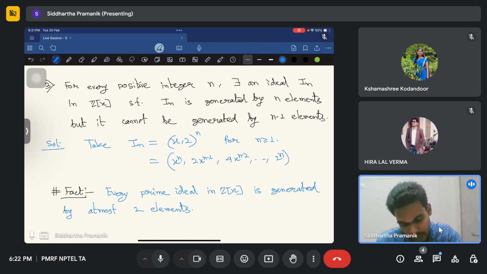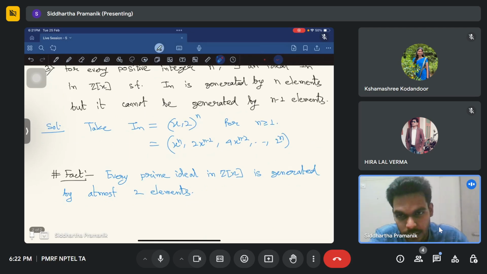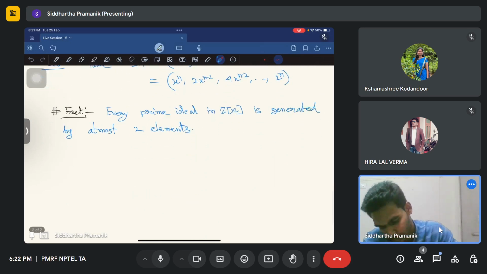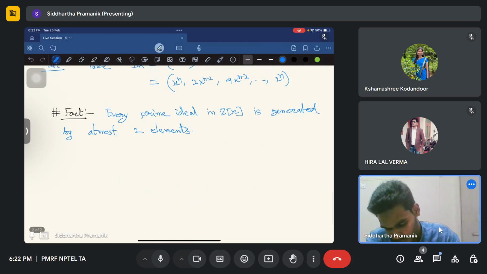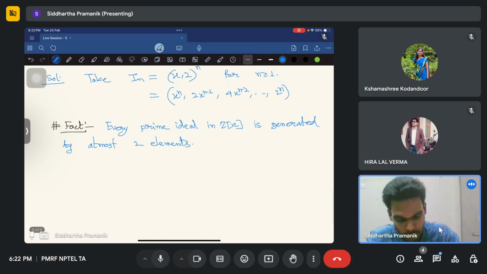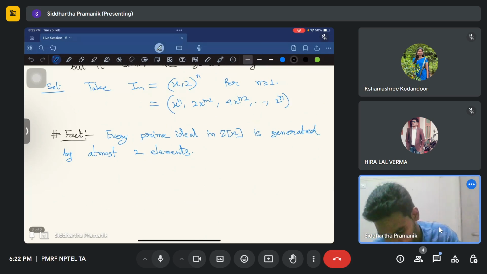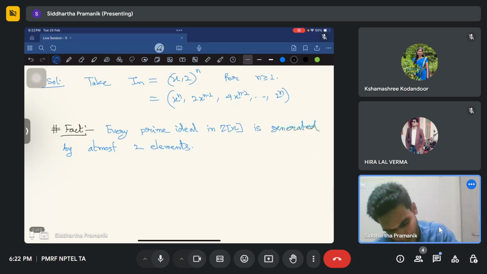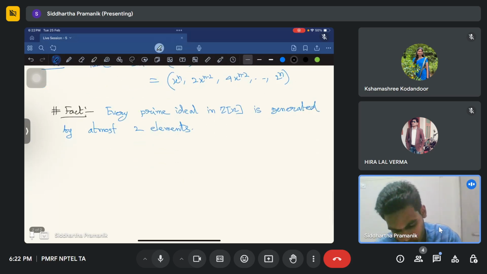Okay, so in Z[x], all prime ideals are either principal ideals or generated by two elements. So these are the forms of prime ideals in Z[x]. So just remember this fact. You might see this in other courses like commutative algebra or maybe algebraic geometry, but let's not worry about that. Okay, so every prime ideal in Z[x] is generated by at most two elements.